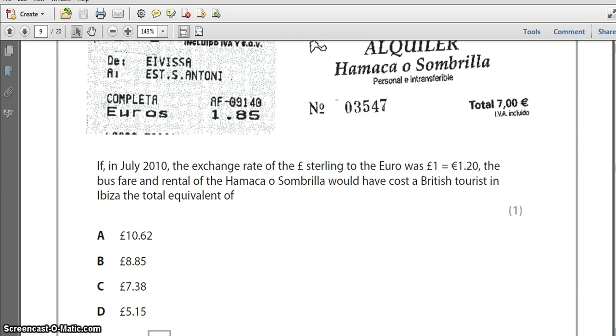So you do €8.85 divided by 1.2, and that will get you the answer, which is £7.38. So you just show those workings out, and that's your answer. It's quite simple. There are no specific equations you need for this one, because it's just about converting currency from one form to the other. So that brings us to the end of section A.